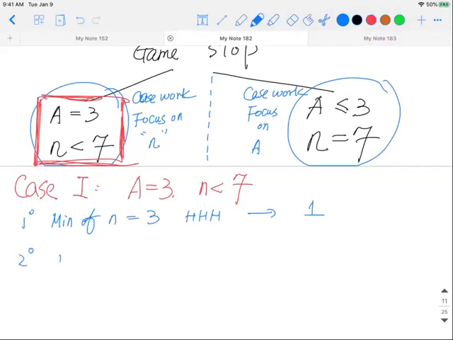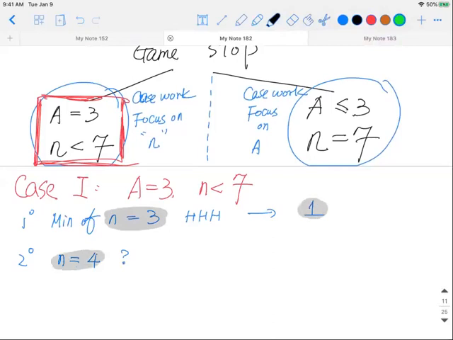Second, what about N equals 4? Is it possible? Can I flip 4 times and make sure A equals 3? Not possible. Why? Whenever you flip 3 times, you make sure A is equal to 3.